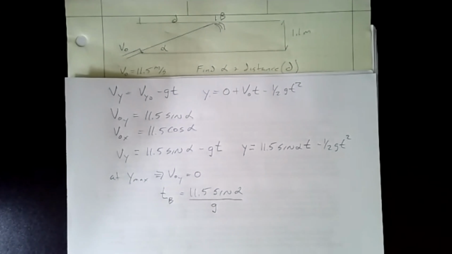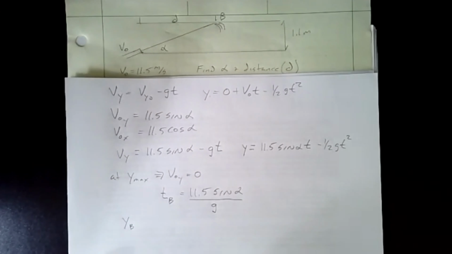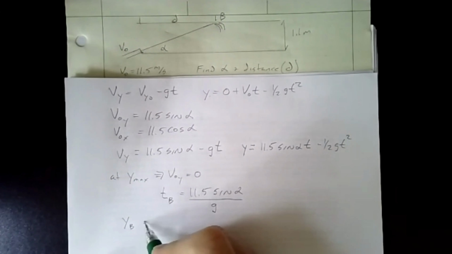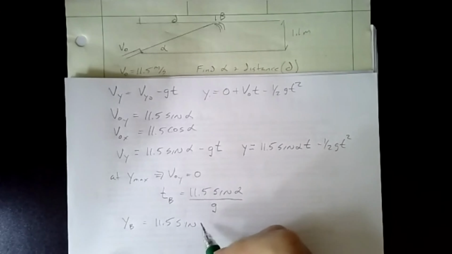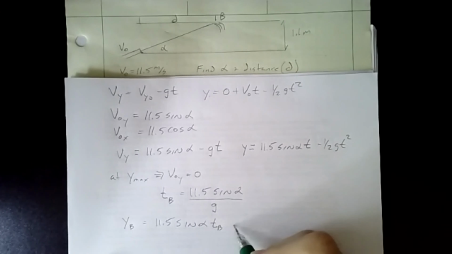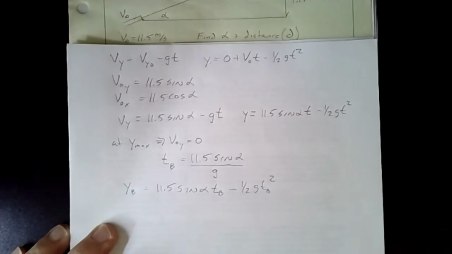So if we go back into our y equation, y to get to B equals 11.5 sine alpha times TB minus 1/2 G TB squared. Then I can put in some variables.